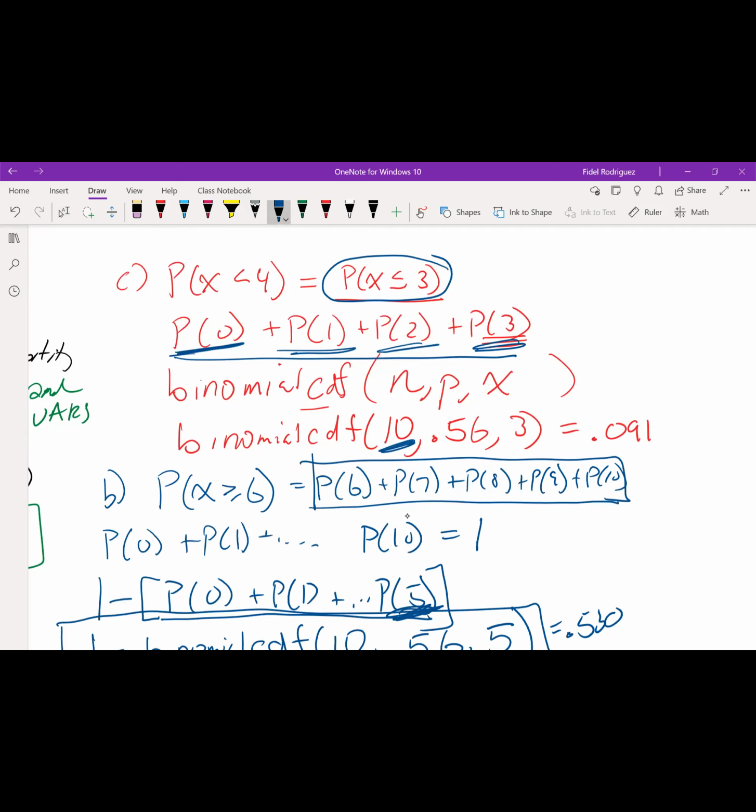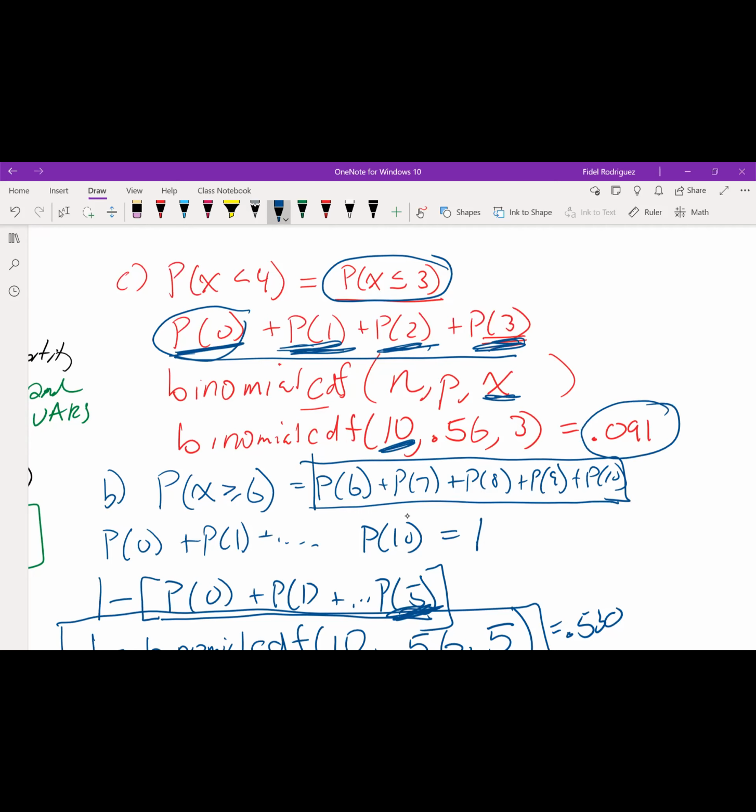So we could have done binomial PDF, and we could have plugged in the X number being 0, okay? And whatever number we got, we would write that down. And then we would do it again, but now plug in the X number being 1, and write that down. And we would do it for 2 and for 3, and then we would add those 4 values together, and this would be the answer.